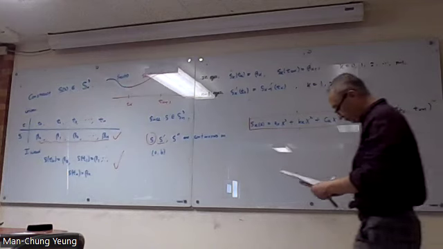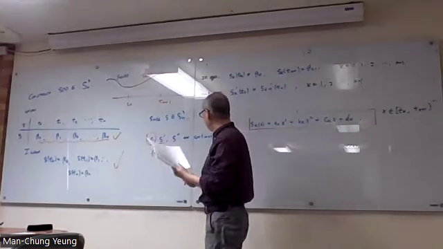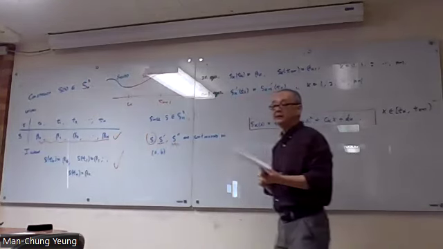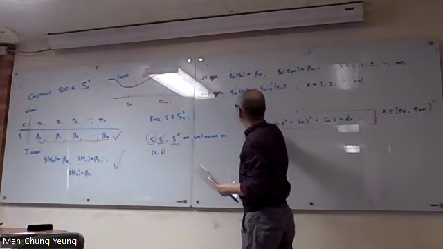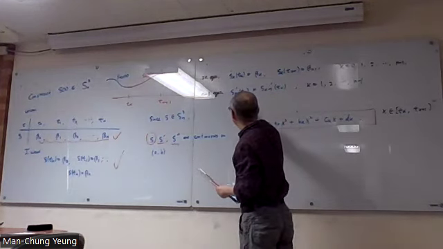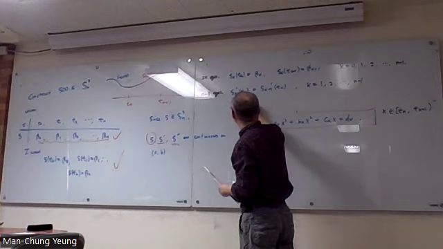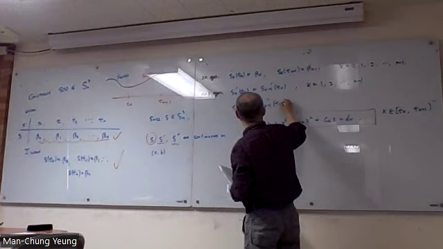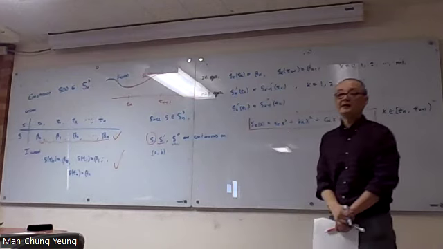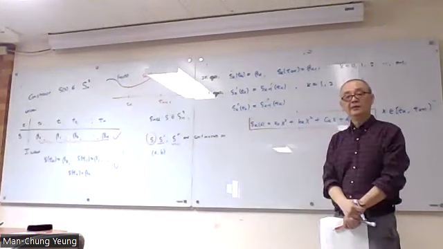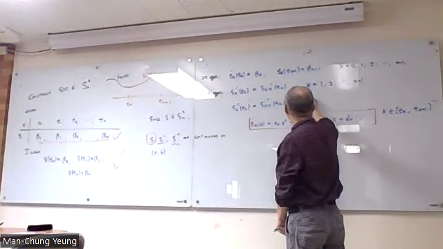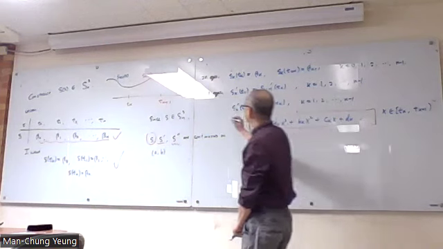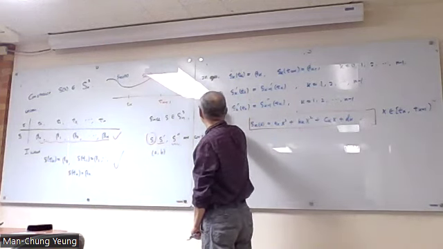Then, the second derivative is continuous. Very similar: the second derivative of Sk at tk should be equal to that of S_{k-1}, right? The second derivative is continuous, so they should be equal, for k from 1 to n minus 1. So these are n minus 1 equations.